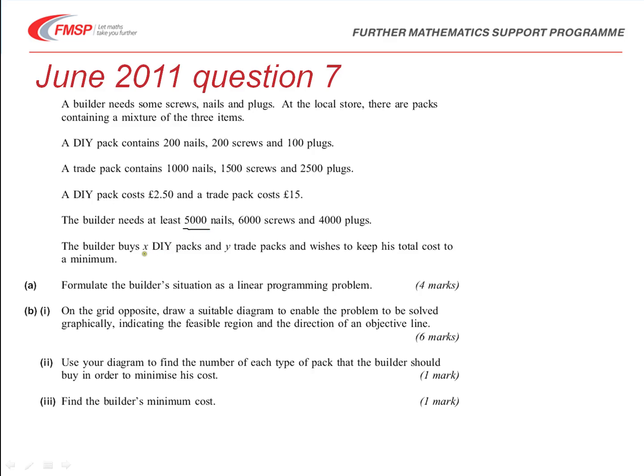So if he buys X packs of DIY containing 200 nails and Y packs of the trade pack containing 1000 nails, then we can say that 200X plus 1000Y will calculate the number of nails that we will have bought, and that will be greater than or equal to 5000.